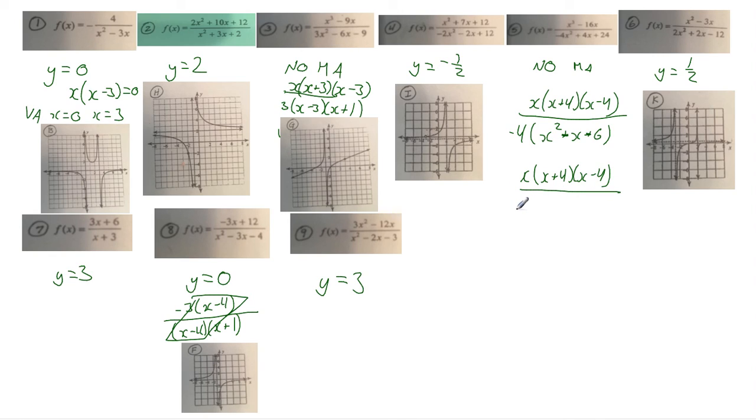So this is going to be -4, and we're going to get x minus 3, x plus 2. So there are no common factors, so no common holes. So we're going to have two vertical asymptotes here at x equals 3 and x equals -2.